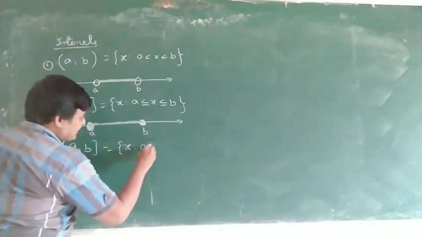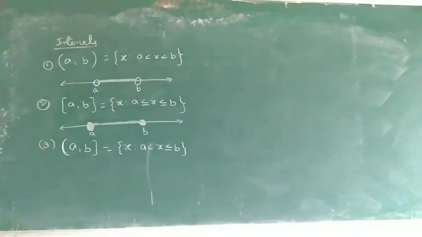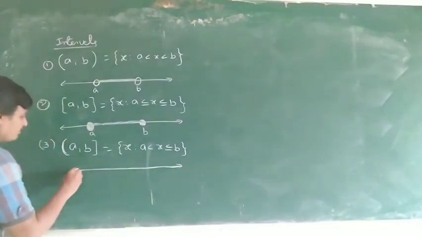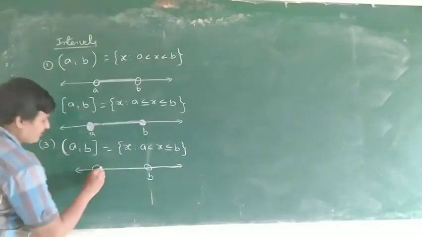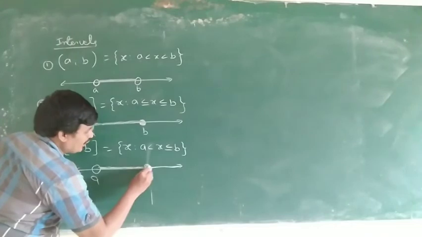So a less than x less than or equal to b. In the diagram, this is a, this is b. Not a, in between, and b also.